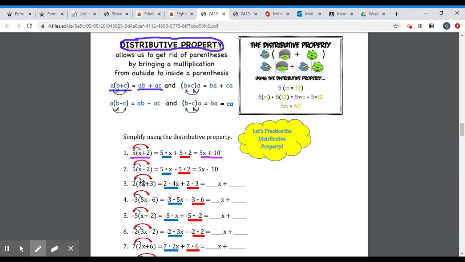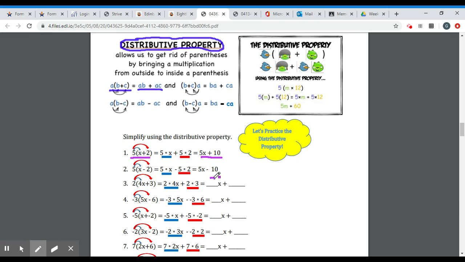Let's go down to this one here. I have 2 times the parentheses 4x plus 3. I'm going to distribute the 2 to the 4x and to the 3. When I multiply 2 times 4x, yes, I do have a variable, so I cannot touch the x. It's going to stay attached, but I do have a constant attached to it, which is a 4, so I can multiply 2 times 4. And 2 times 4 is 8, right?